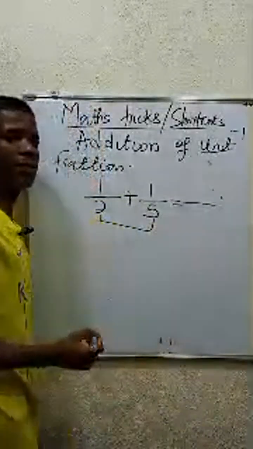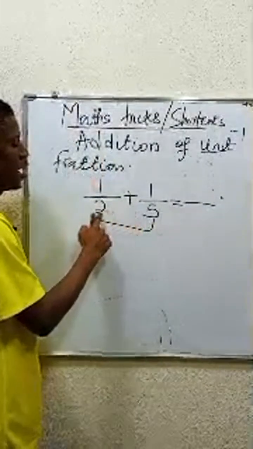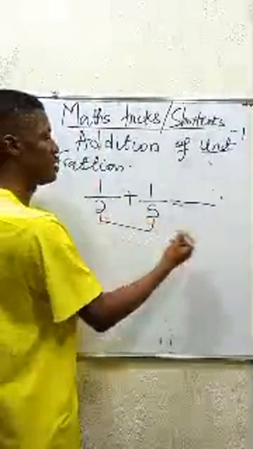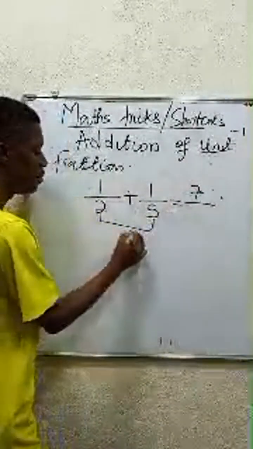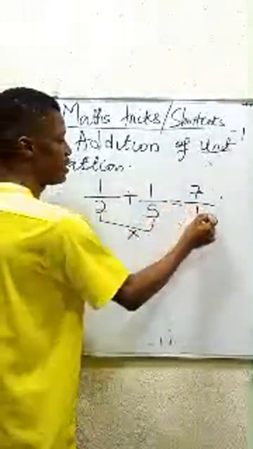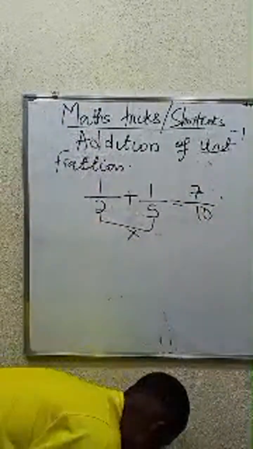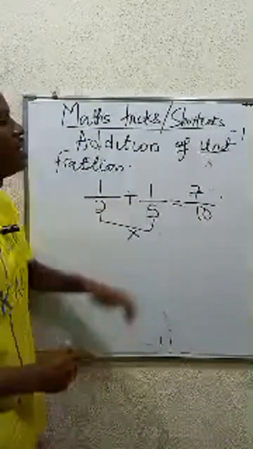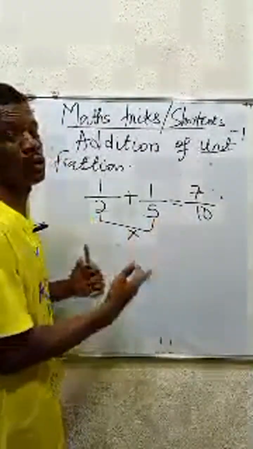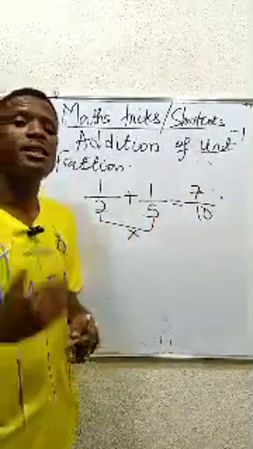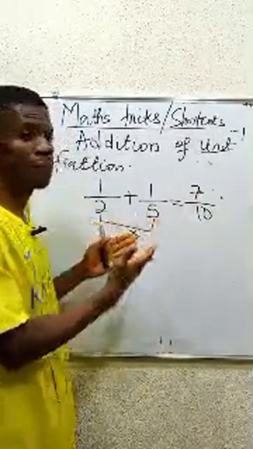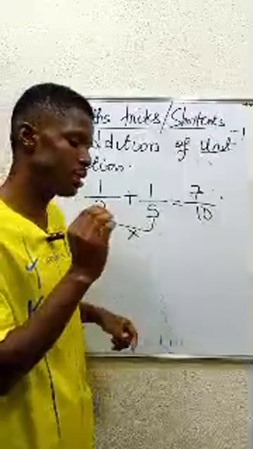Add the two denominators: 2 plus 5 is 7, you have 7. Then multiply the two: 2 times 5 is 10. So your answer is immediately 7 over 10, without finding the LCM or using the butterfly method. This is very efficient as it saves time and is more convenient, especially in an objective test.